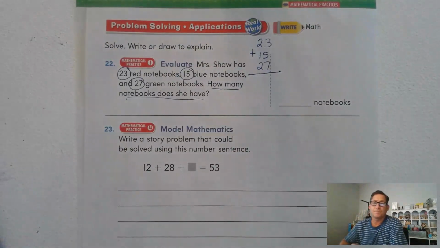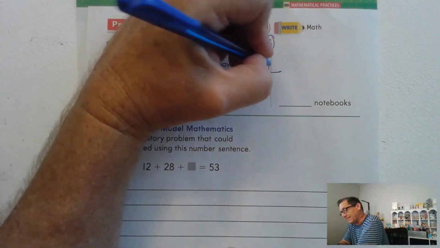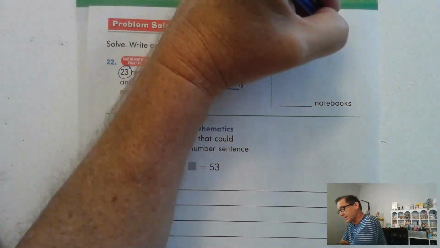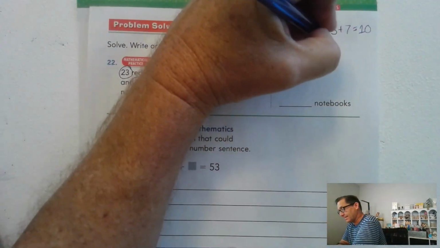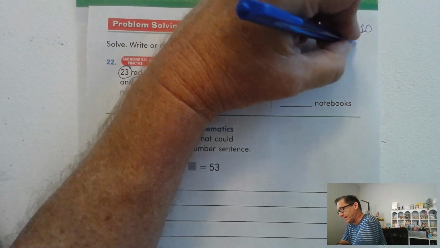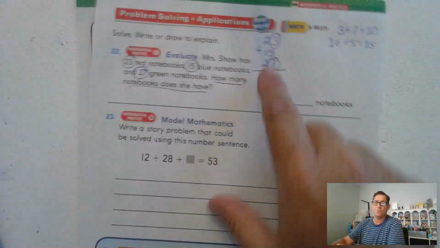Okay, start with the ones. Can you make a 10? Yeah, we can if we add the 7 and the 3, right? So 3 plus 7 is 10, and 10 plus 5 is 15. So we have 15 ones.